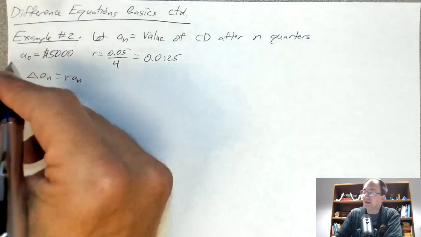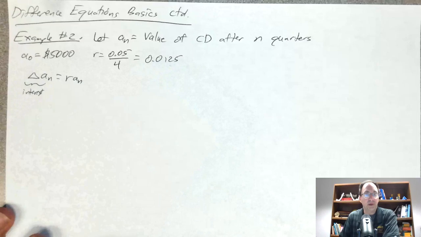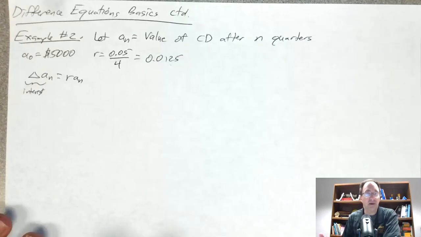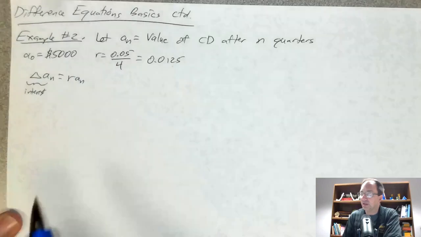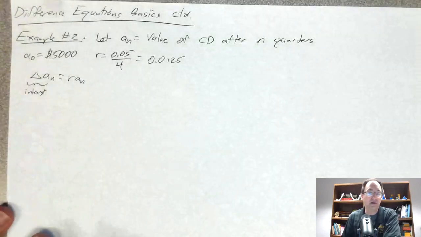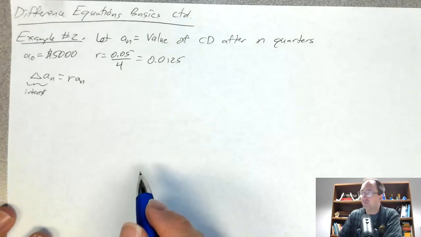This delta A sub n basically represents the interest. In other words, how much is the value of my CD going up? It's however much interest I'm getting. And since that's proportional to the amount of the CD already in the bank, that's my formula.